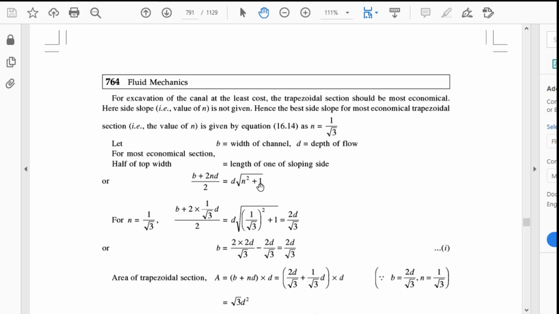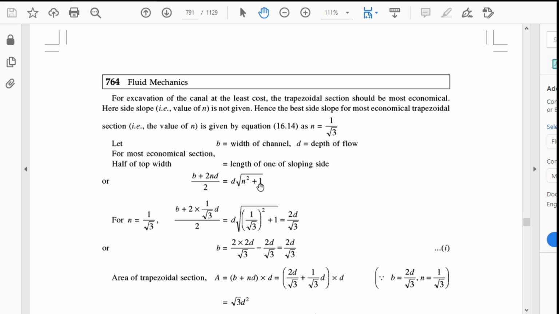Here we can use the n value as 1 by root 3. As this section is the most economical section and they did not give any value of side slope, for the most economical section, if the side slope is not given, we can use the side slope n equals 1 by root 3 and the angle theta equals 60 degrees.